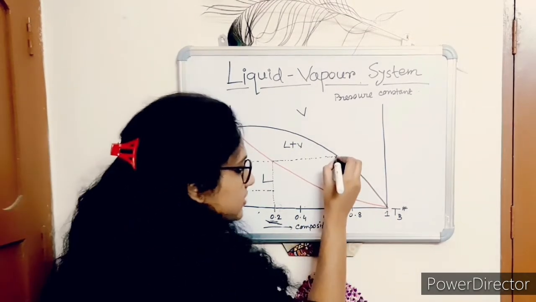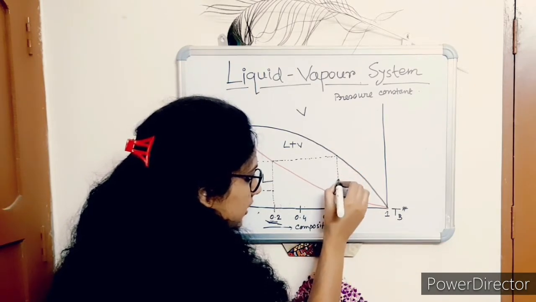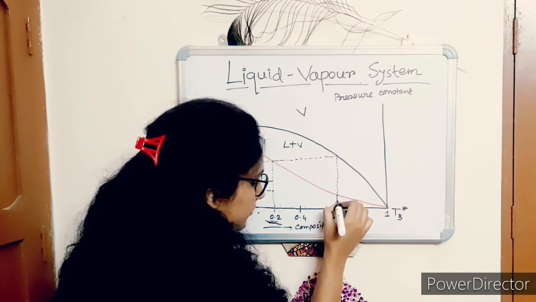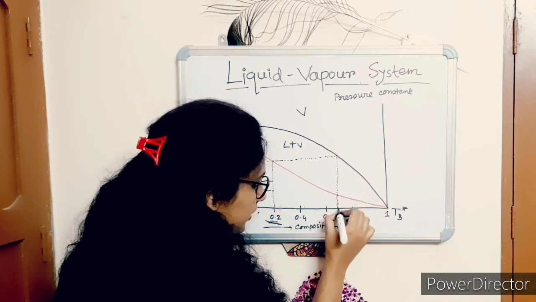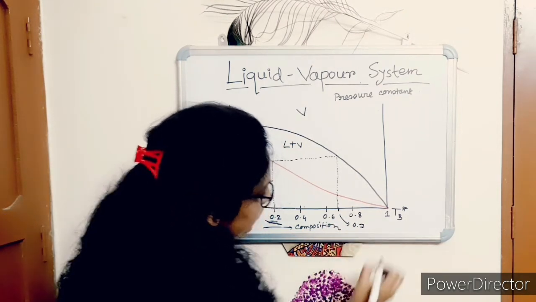So this corresponding point is the value of the mole fraction of B present in the vapor state. Okay, so this is the value, this is the 0.7 mole fraction.